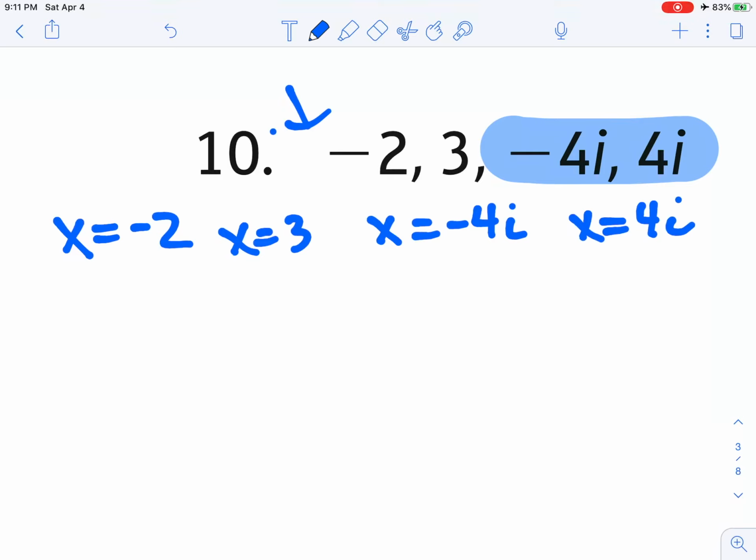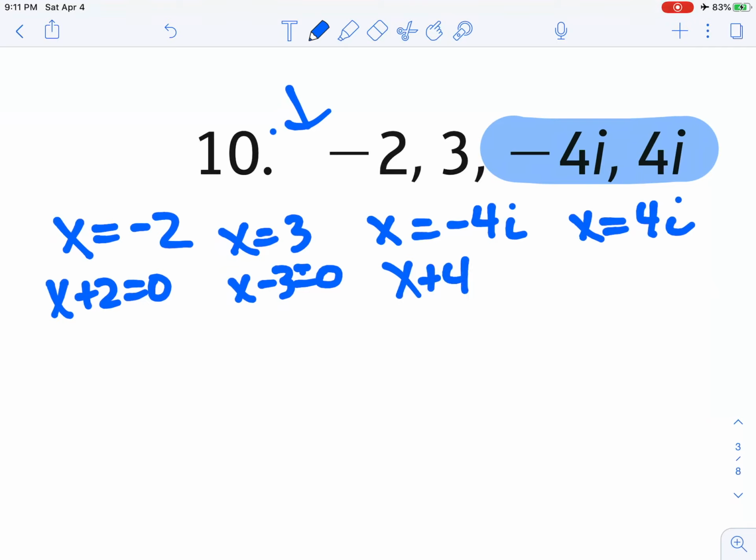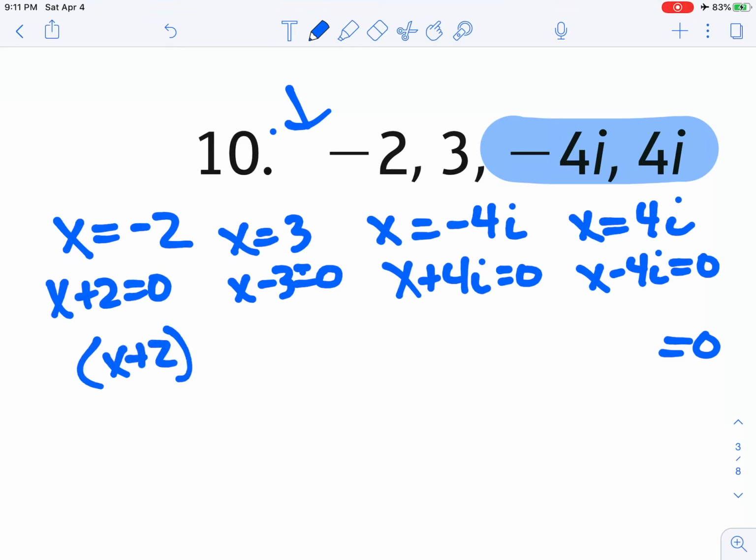So if I was to move the numbers over, I would get x plus 2 equals 0, x minus 3 equals 0, x plus 4i equals 0, and x minus 4i equals 0. So all it's asking you to do is have everything multiplied by each other, and you have it equal to 0.